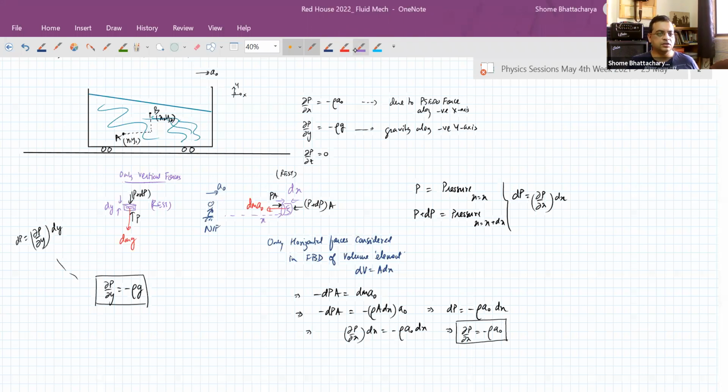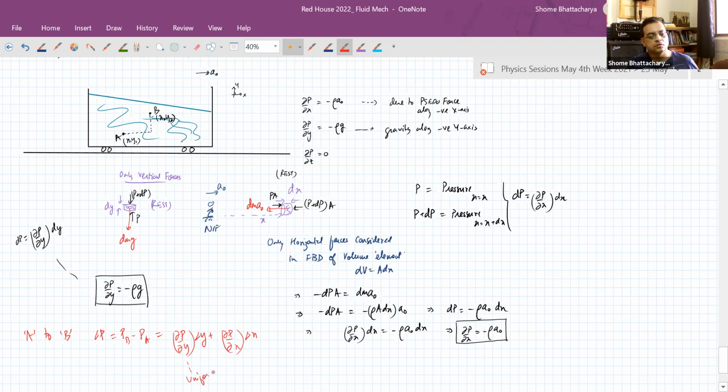Okay, so now, for example, here, if I'm comparing these 2 points A and B, the pressure difference, that is pressure at B minus pressure at A, will become del P by del Y times delta Y plus del P by del X times delta X, because both of these are uniform.